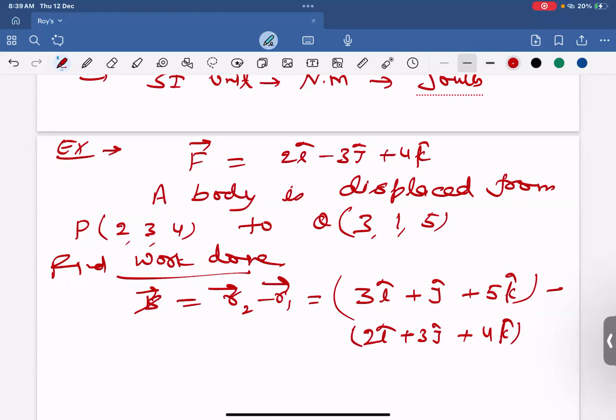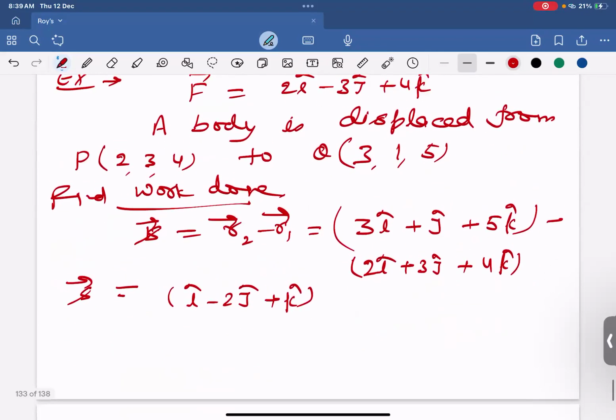If we subtract these two, 3 minus 2 will be 1, that is i cap, plus 1 minus 3, this is minus 2j cap, plus 5 minus 4 is plus 1k cap. That is the displacement vector.